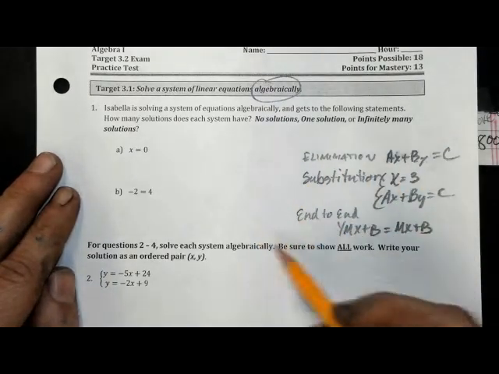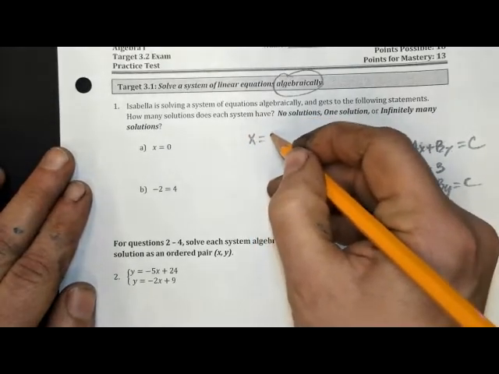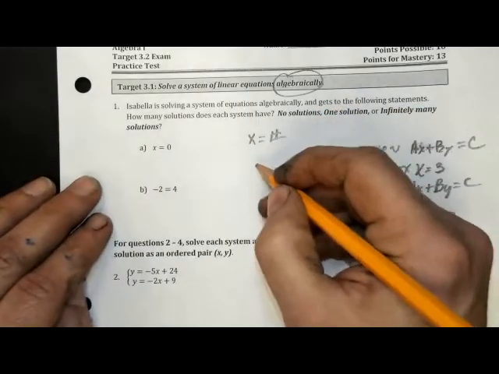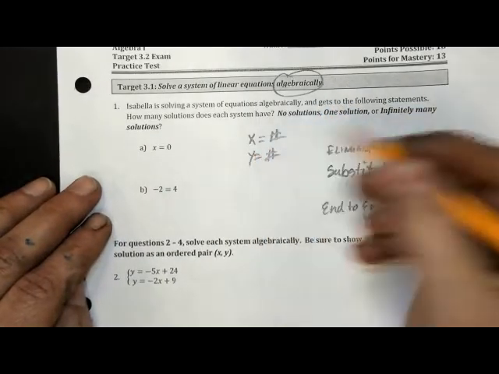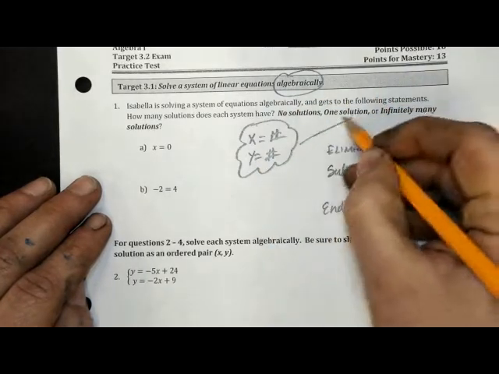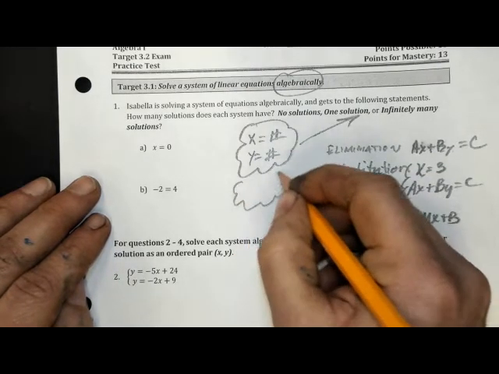Okay, but when you're doing this work, you're always going to either get x equals a number, or you're going to get y equals a number. If that happens, there is one solution. However, there's a couple other strange things that could happen.